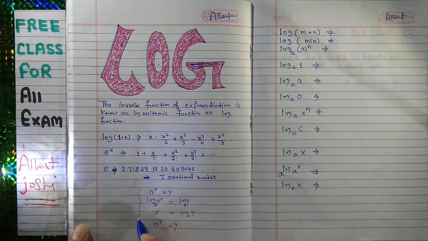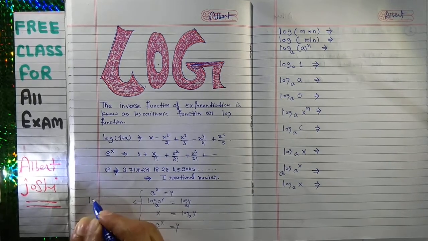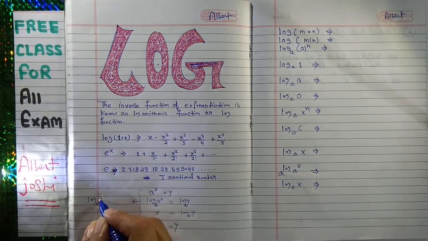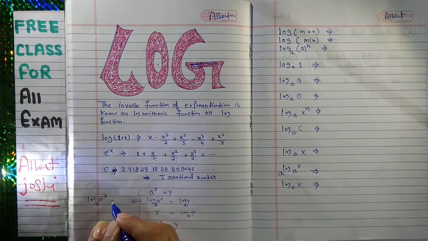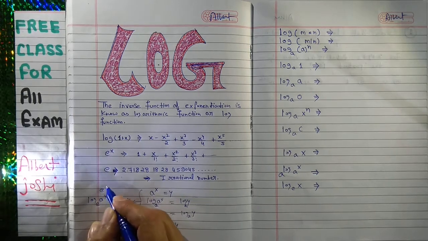Suppose I write here log base e of a to the power x is equal to log base e of y. The base is e. But here we cannot write it like this.